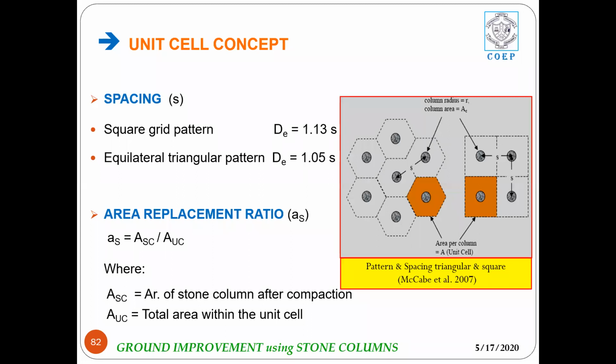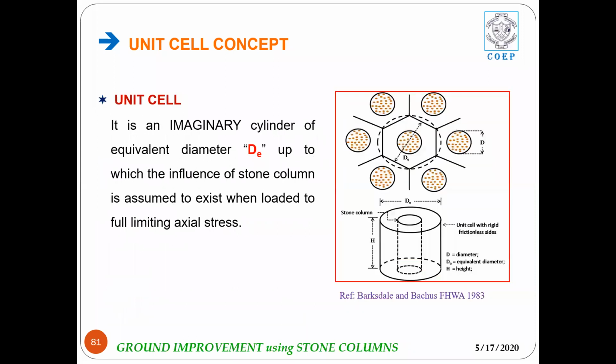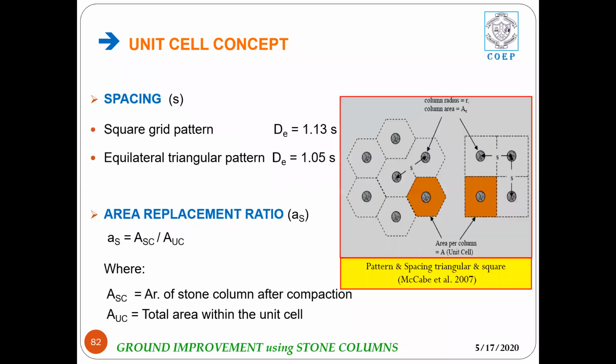There is another term we come across here, the area replacement ratio. If you go back to the unit cell concept itself, the stone column has a certain volume, and the unit cell, an imaginary cylinder, has a certain volume. The volume of soil that will be replaced for installing a stone column will give us this parameter, area replacement ratio.